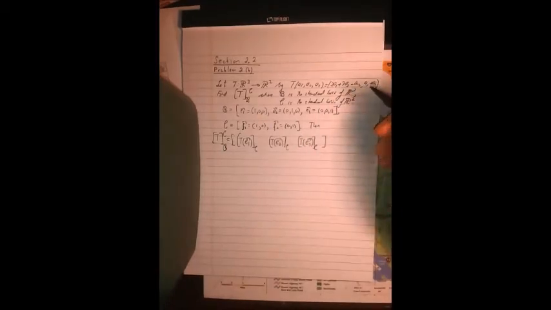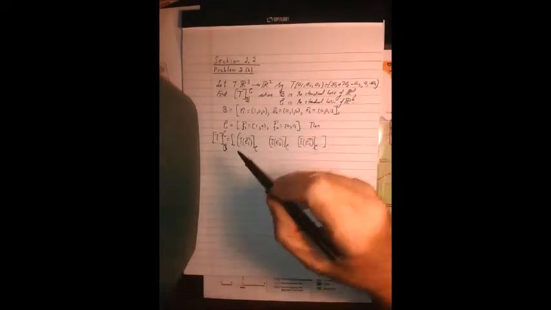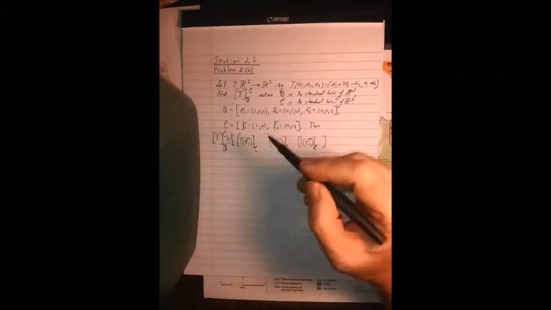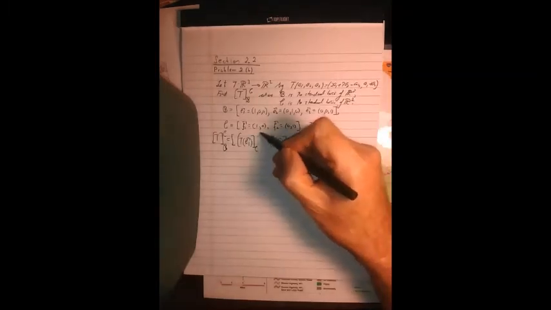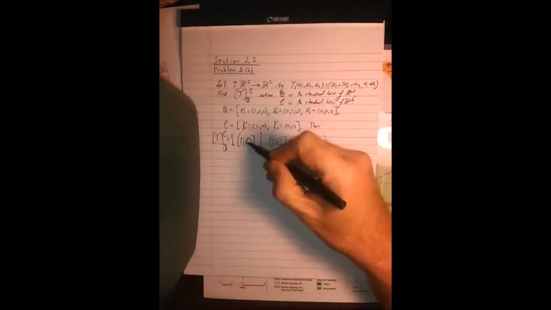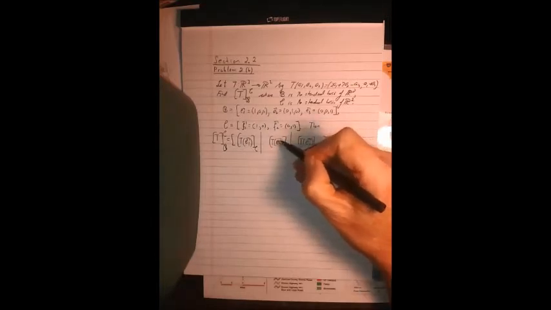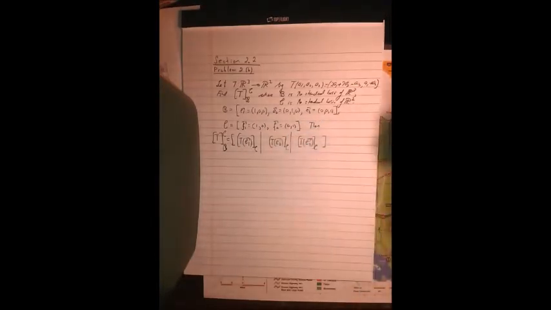This matrix here is the matrix of T relative to the bases B and C, and it's important that these three coordinate vectors are written as columns. So the first one is the first column, the second is the second column, and the third is the third column.